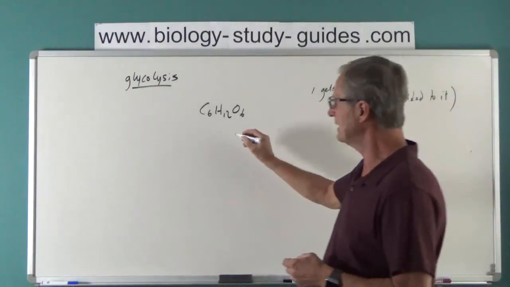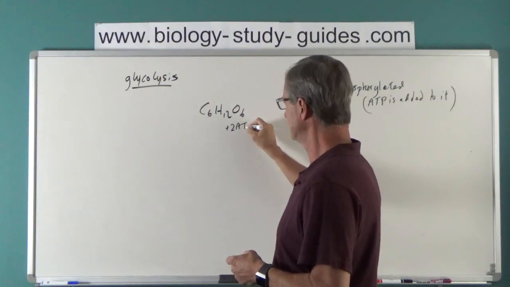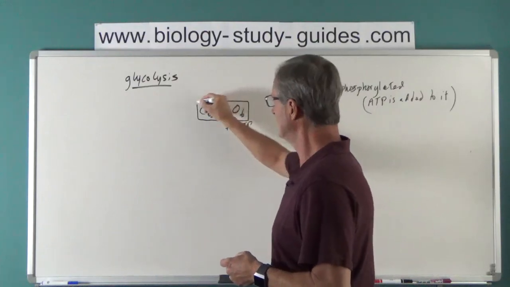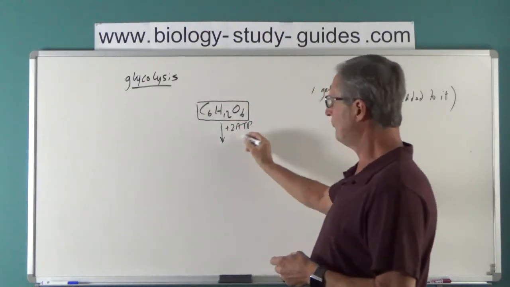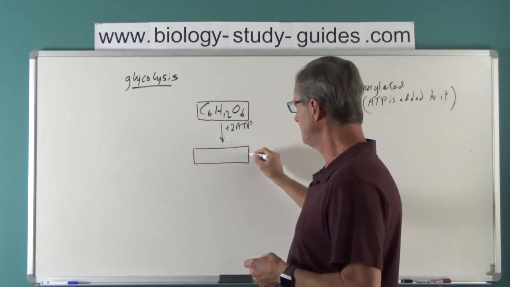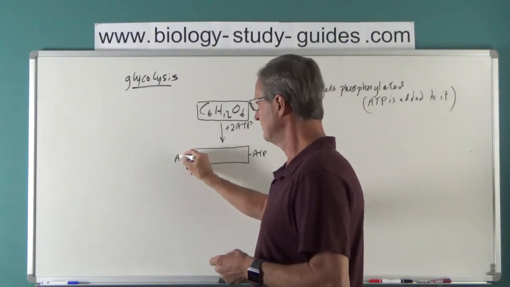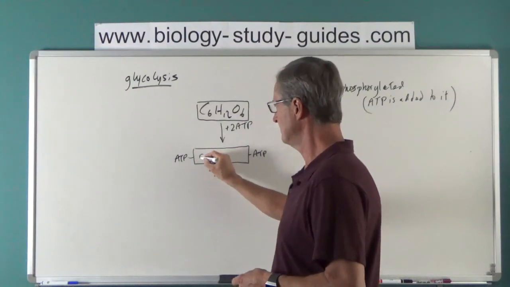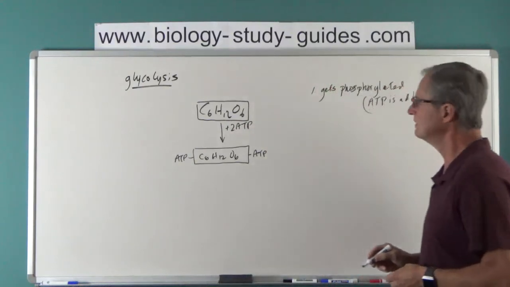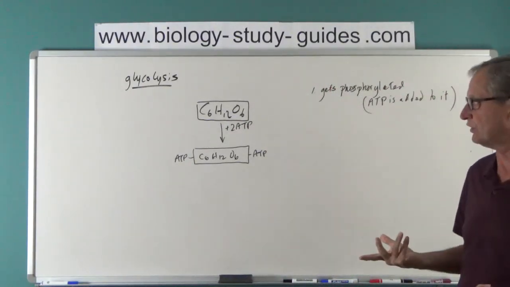So what you get is this sugar, and phosphorylation gets 2 ATP added to it. So what that does is basically it energizes the molecule.